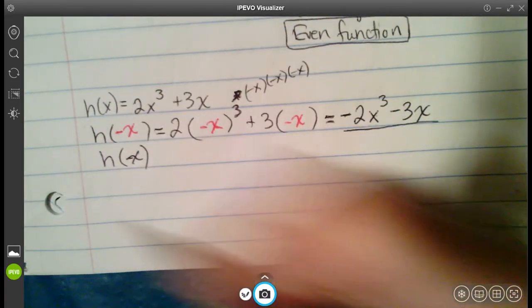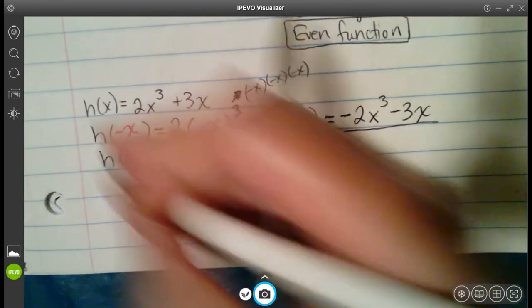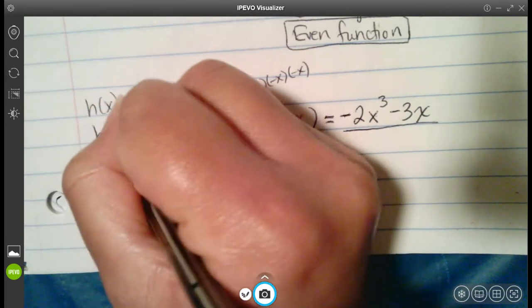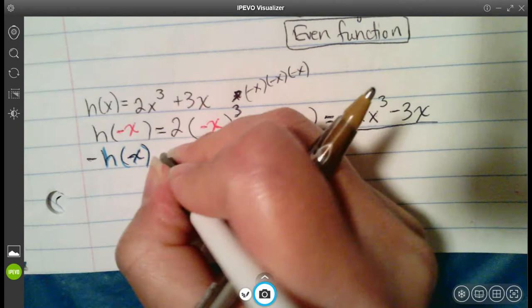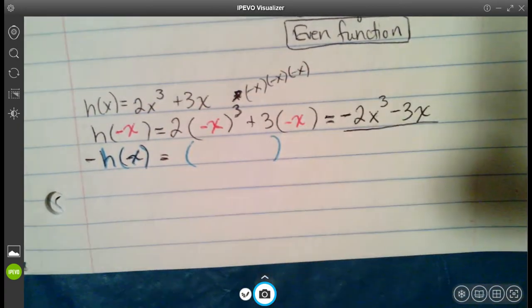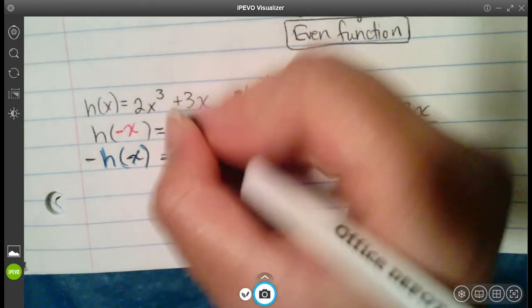Now I have to find the other one. I have to find this one where the negative is in front. Okay, so I'm going to put the negative right here, and remember that this right here is the same as the function. So when I rewrite this one, okay, I'm going to put it all in parentheses and put my entire h of x in here.